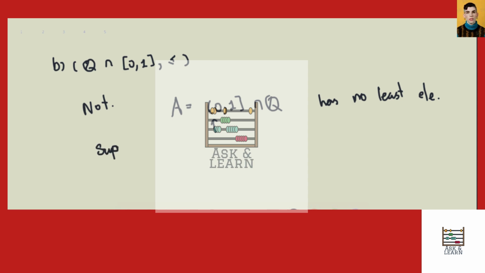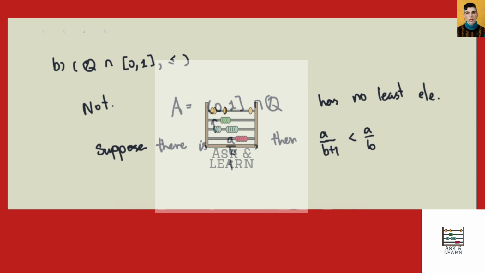Suppose, by contradiction again, there is a least element called A over B, then A over B plus 1, which is strictly less than A over B, will also be in the set, right?